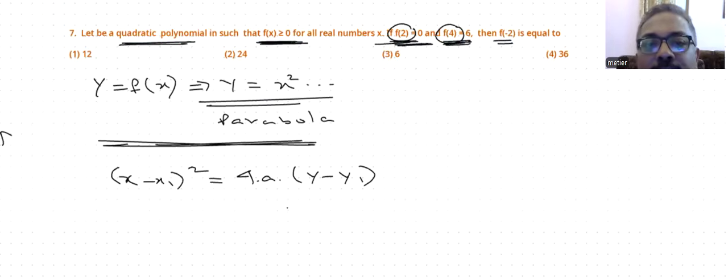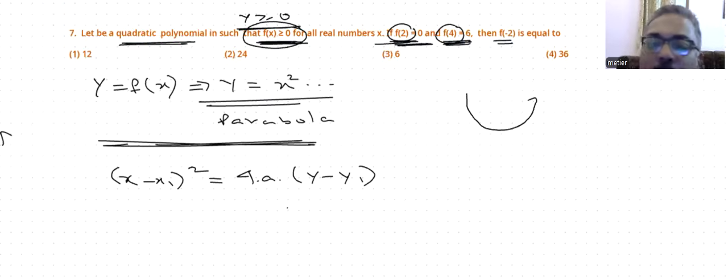But because f(x) is greater than or equal to 0, y is greater than or equal to 0, means y will always be positive. Means the parabola will be in the shape of a U.